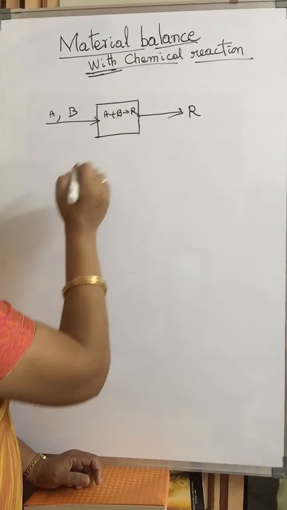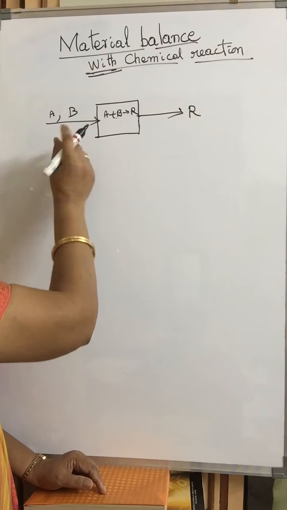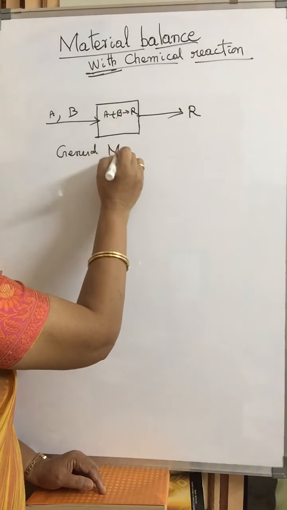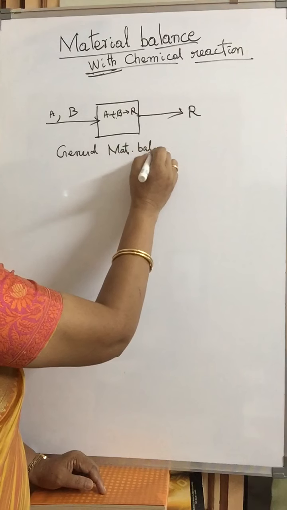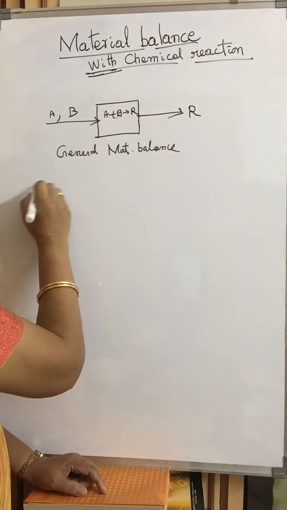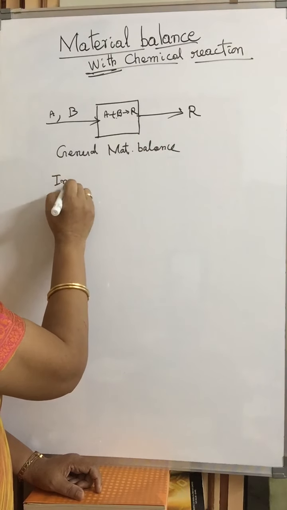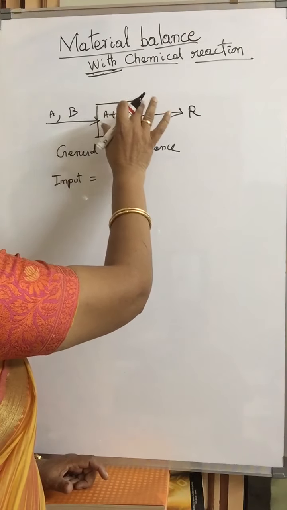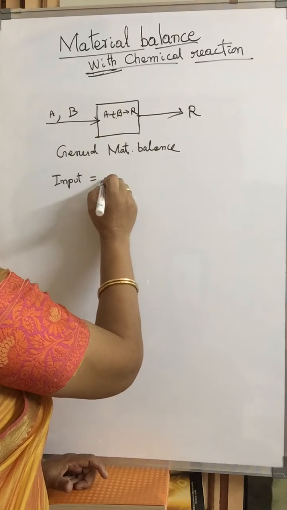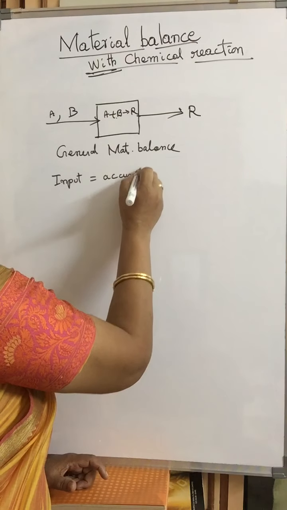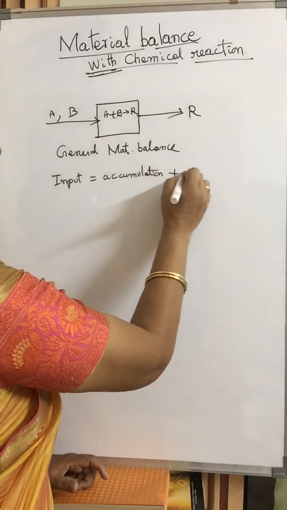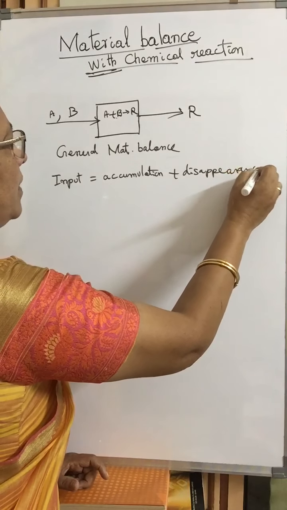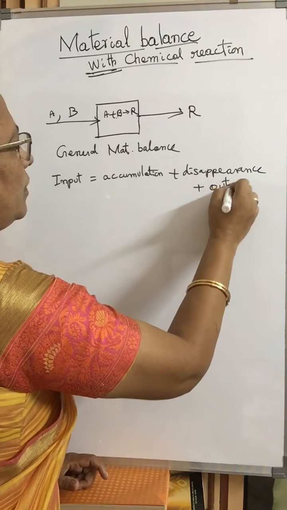Now first we will write the general material balance. What is the general material balance? Input, that is the amount entering the reactor, is equal to accumulation plus disappearance plus output.